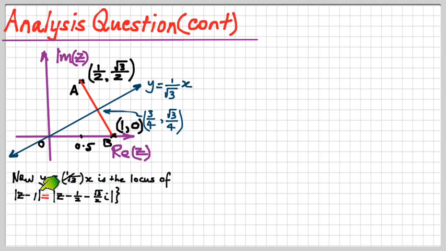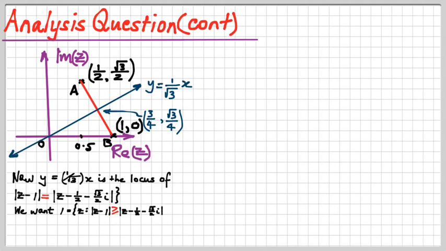In other words, the distance of z from 1, which is here, is equal to the distance of z from here. That's what we're saying. And that perpendicular bisector line shows you every single possible place where those distances are equal back to A and B with straight line of sight lines. Can you see it? Right. But that's not what we're looking for.